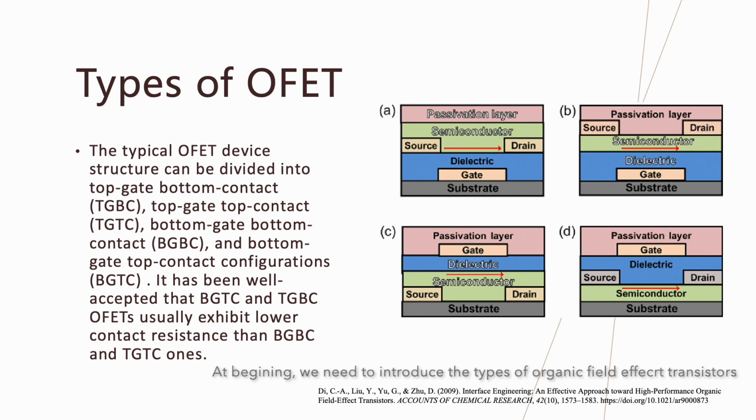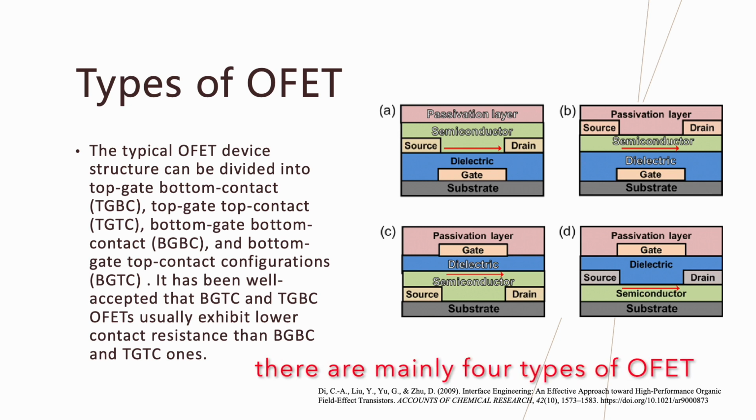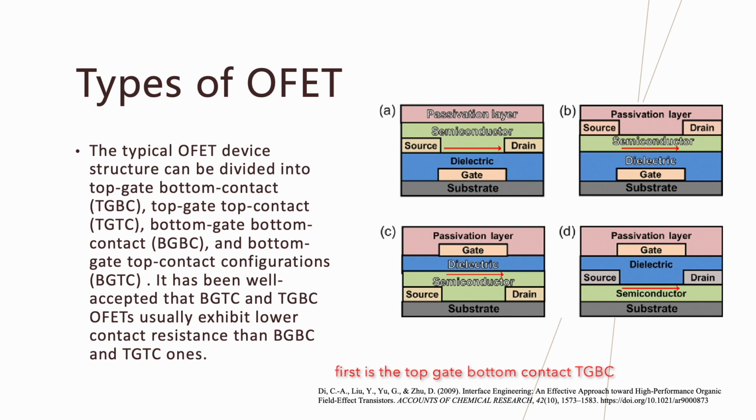At the beginning, we need to introduce the types of organic field effect transistor. Based on the positions of gate and contact, there are mainly four types of OFET. First is the top gate, bottom contact, TGBC. Then top gate, top contact, TGTC.